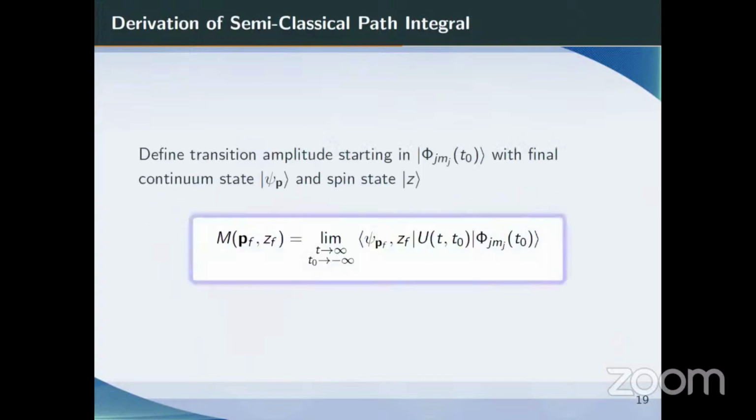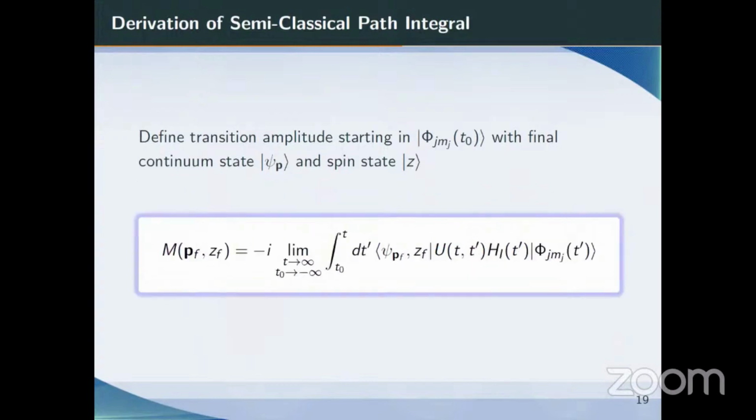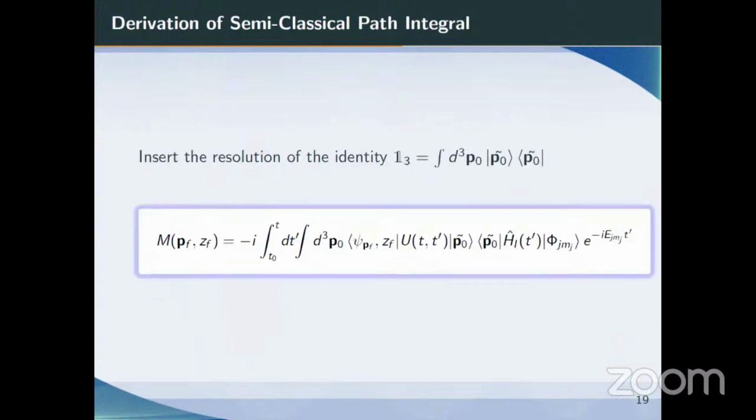And so we start with an initial state with quantum numbers J, M_J, and we end in a final state described by Z_F giving us a final spin and P_F giving us a final momentum. And then as before, we iterate the Dyson series and then insert a resolution of the identity operator in momentum. But then what we want to do is get a propagator with an initial Z here.